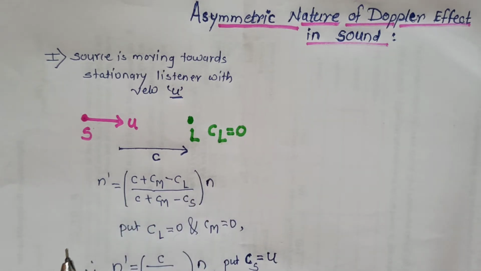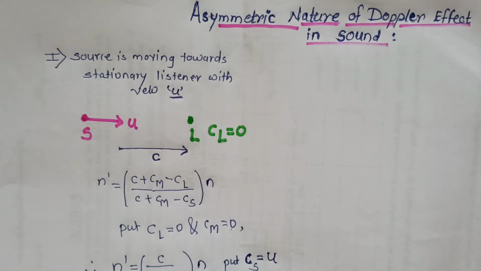Now we know that the apparent frequency n dash is equal to the relation (C plus Cm minus CL) divided by (C plus Cm minus Cs) into n. Put CL is equal to 0. Consider the medium as stationary, therefore Cm is equal to 0.